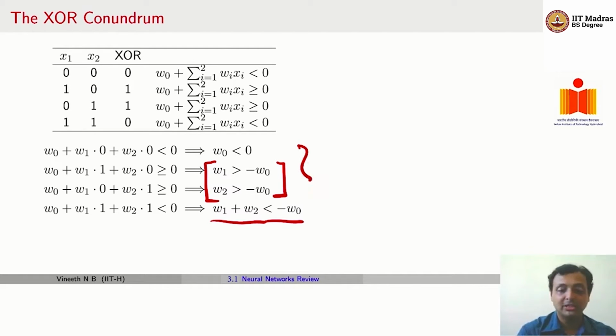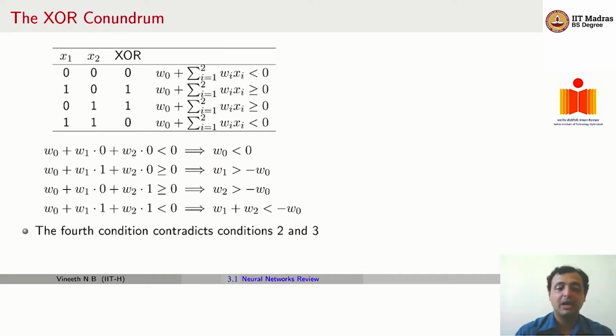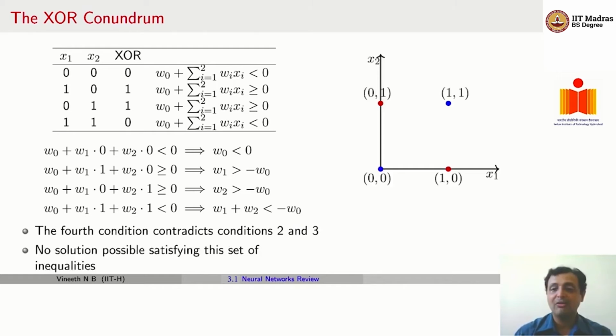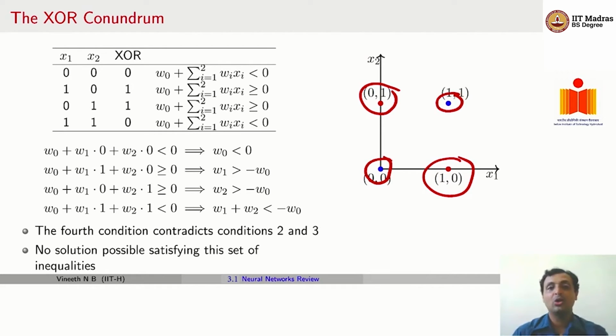So we can see a contradiction in these criteria, and that should clearly show you why a perceptron cannot solve the XOR problem. Also, visually speaking, you want these two elements, 0,1 and 1,0, to have a label of 1, and you have these two elements, 0,0 and 1,1, to have a label of 0.